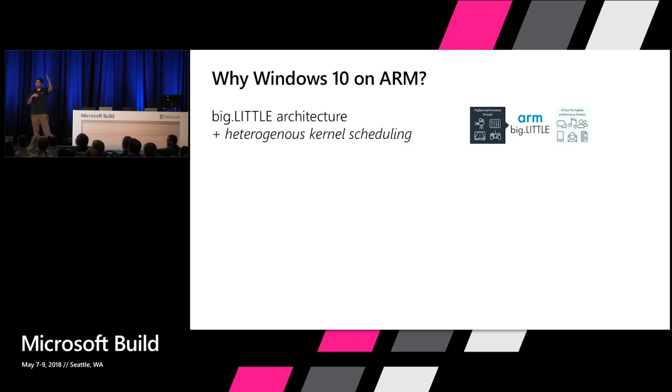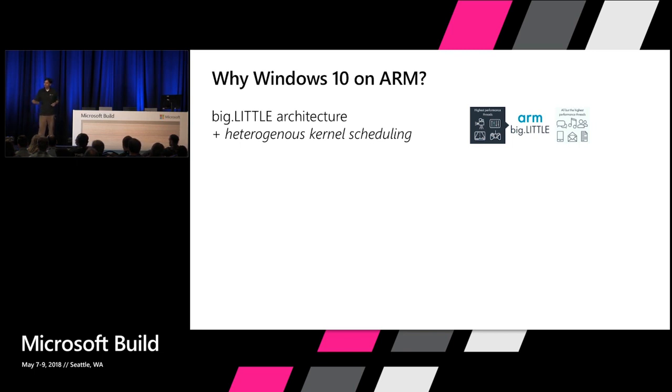It has a higher frequency. And the little core is the same core, but it's running at a lower frequency, so that means it runs slower. The advantage of it running slower is that it takes less battery power. So the big core runs faster, takes more power. The little core runs slower, takes less power. And both of these cores are interconnected, right?